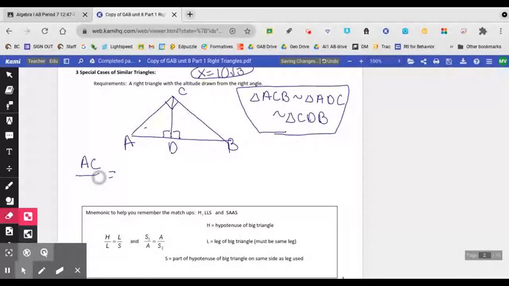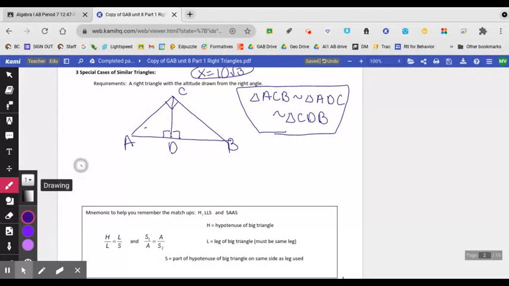I can do it that way, but that actually is not how I want to do it. I want to do it the opposite. So I want to say AB is to AC as AC is to AD. For that, I'm using our first 2 triangles.